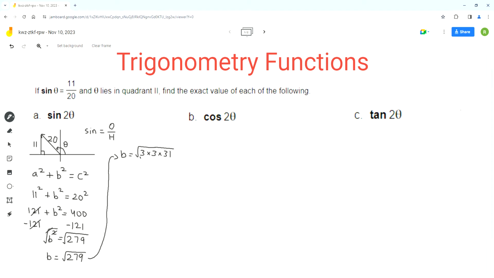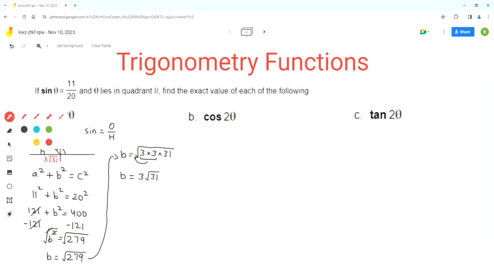So these two threes will come out as a single 3 in front of the square root, and we get the value of b as 3 times square root of 31. Now we can use this value of b to find the value of sine 2 theta. So this b represents this third side length here. I'll show it in a different color. So this horizontal side length, which is 3 times square root of 31.